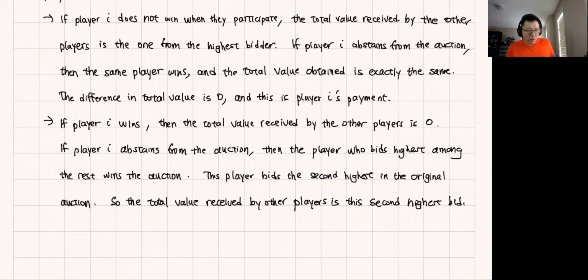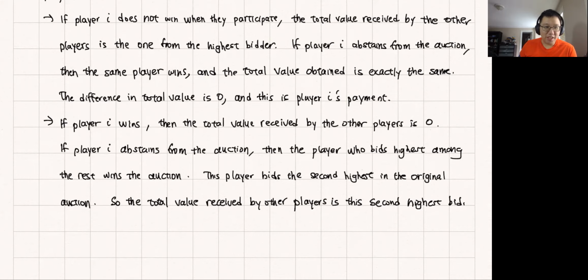When player I abstains from the auction, the rest of the players receive a total value equal to the second highest bid. Originally, if player I participates, the other players receive value 0.